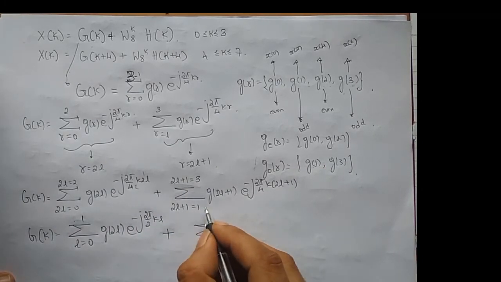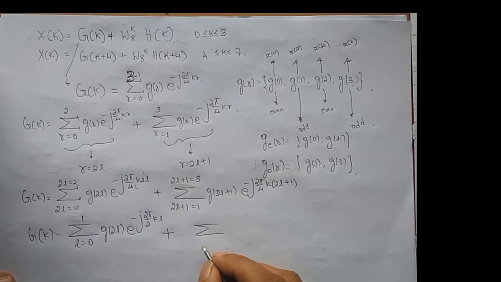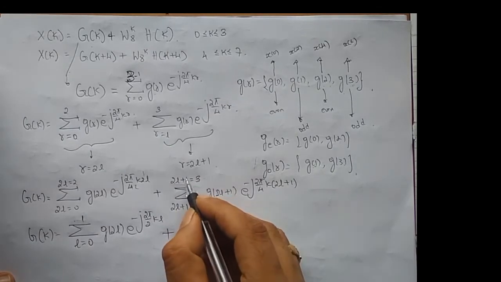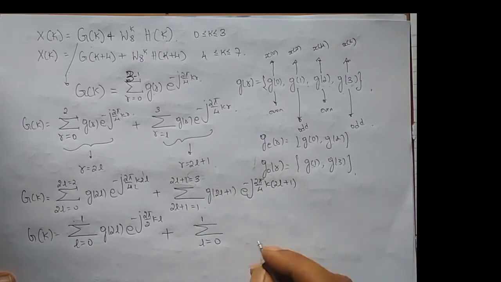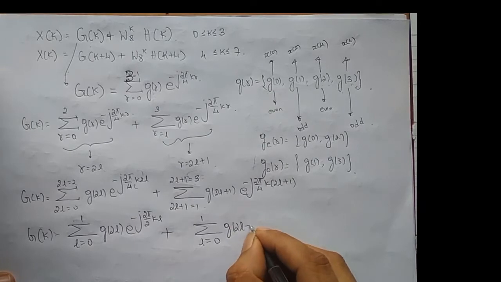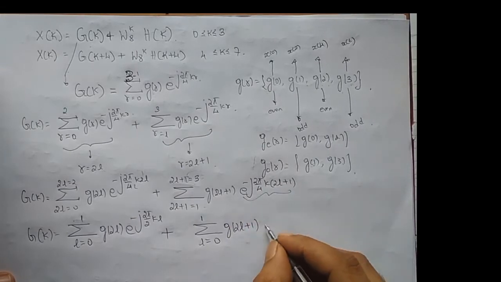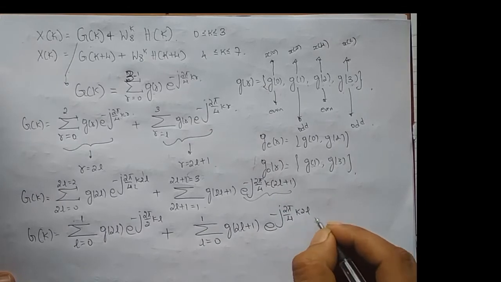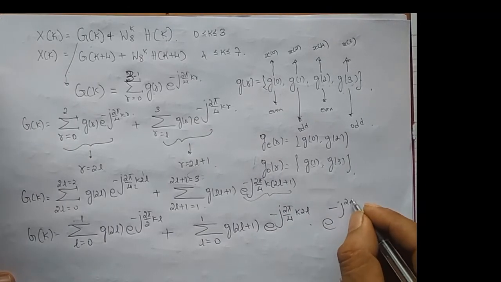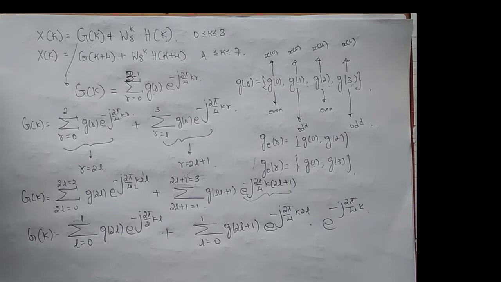What happens here? 1 minus 1 is 0, so 0 by 2 is 0, and 3 minus 1 is 2, so 2 by 2 is 1. So l varying from 0 to 1, g of 2l plus 1 into, if I split this exponential, e power minus j 2 pi by 4 into k into 2l into e power minus j 2 pi by 4 into k.